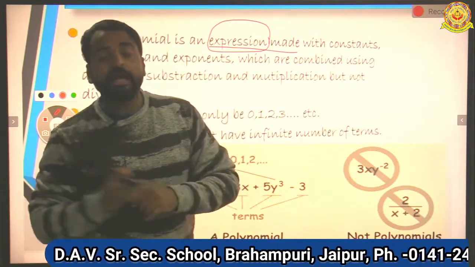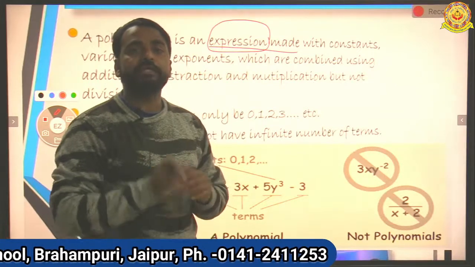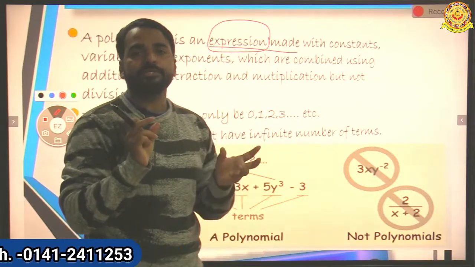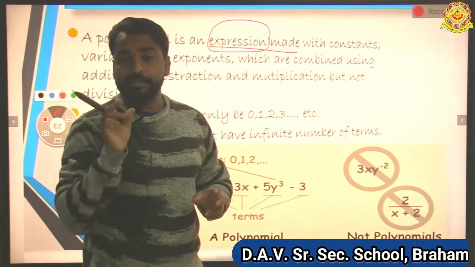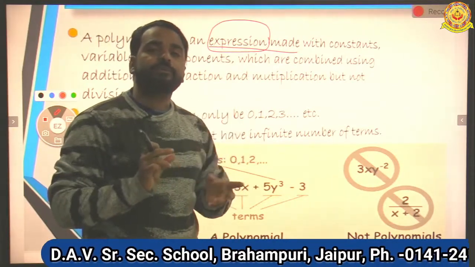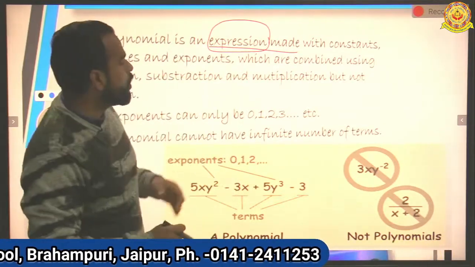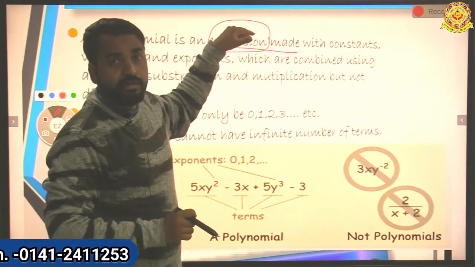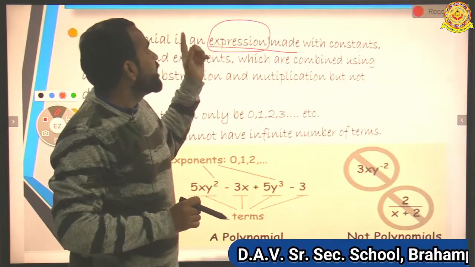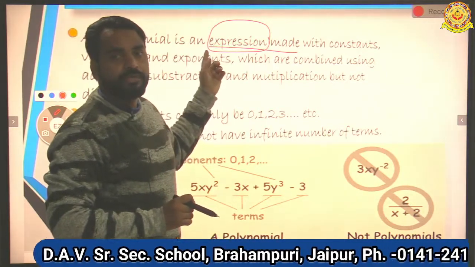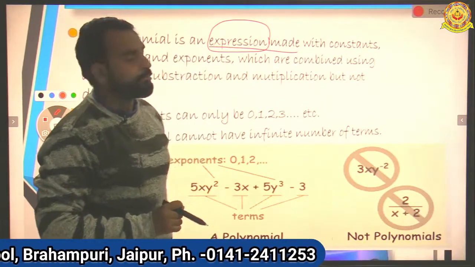On the other hand, it is an equation when there is an equal sign between the expressions, like x plus y is equal to 10. Now there is an equal sign, so this is an equation. And if there is no equal sign, we call it an expression, right?